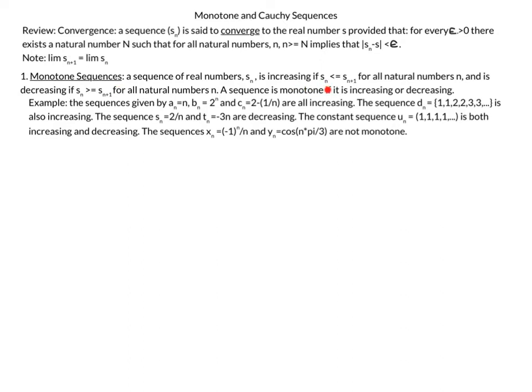A sequence is monotone if it is increasing or decreasing in this fashion. By monotone, it means that the sequence doesn't first increase, then decrease, and then eventually settle into increasing. Monotone means it is constantly increasing or constantly decreasing.